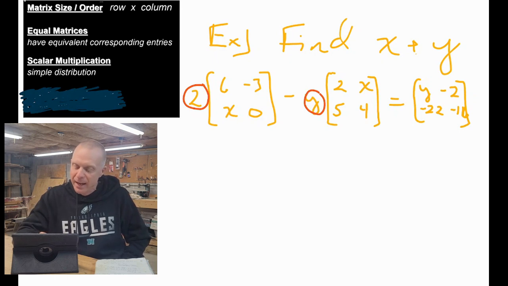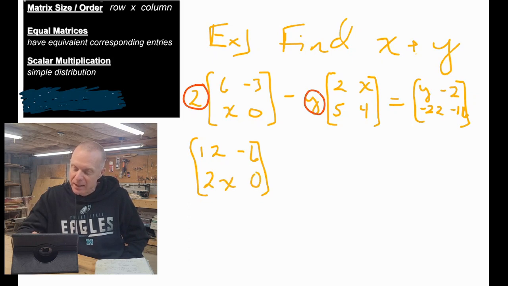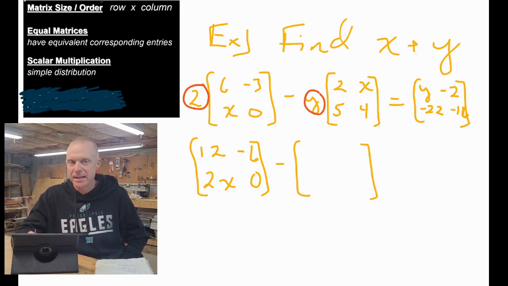Here again, kind of common sense. Just take your 2 and multiply it to every entry. So we're just going to end up with double each of these. We'll go ahead and multiply by 2. And we're also going to multiply by y. You might see here that I'm choosing not to think of it as a negative y. I don't really want to have a negative sign that comes inside the matrix and sort of overloads the matrix.